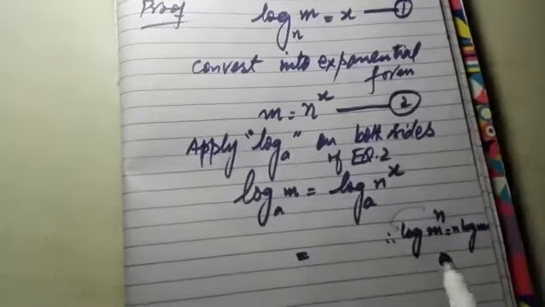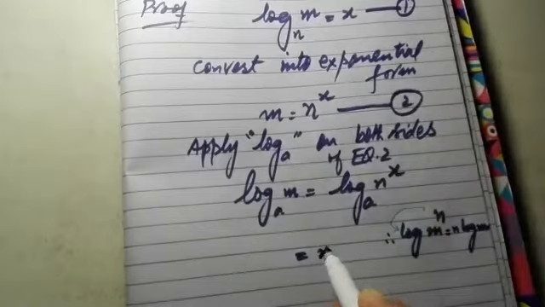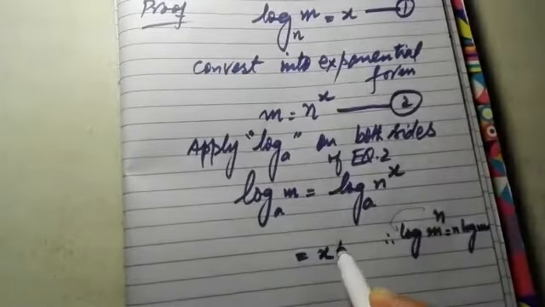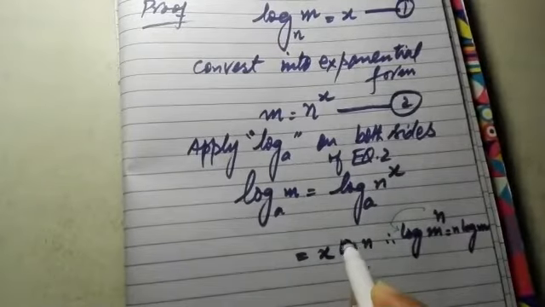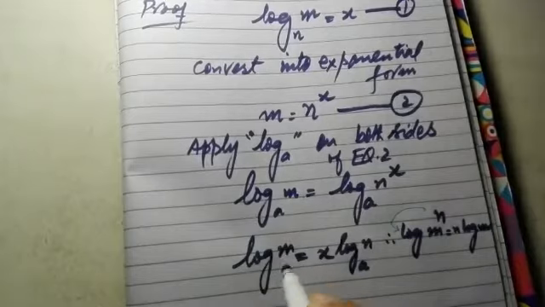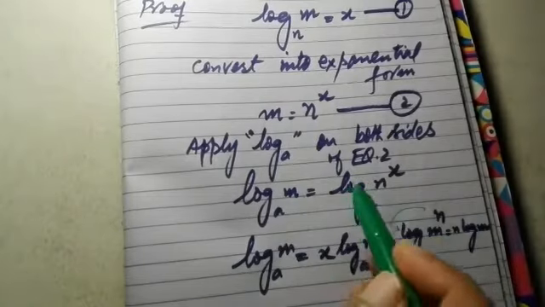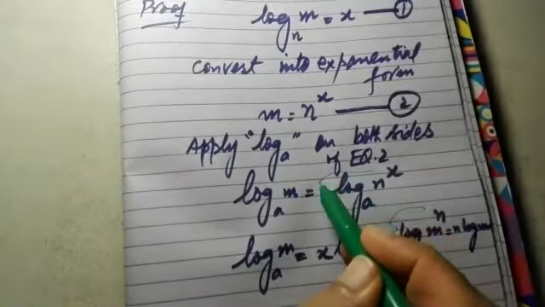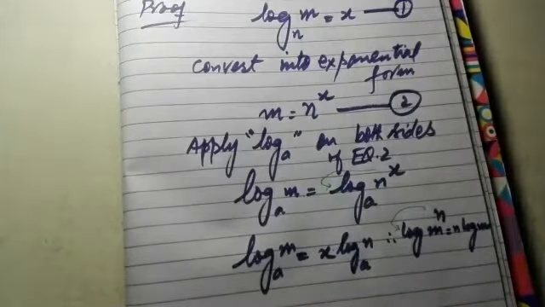So the statement will become, if I apply it right here, x times log n, because x is the exponent right here, and the base will be a. We have to keep log m base a as it is. So what I have done is apply the third law of logarithms and shift this exponent right here as a multiple of log, as I explained to you earlier.